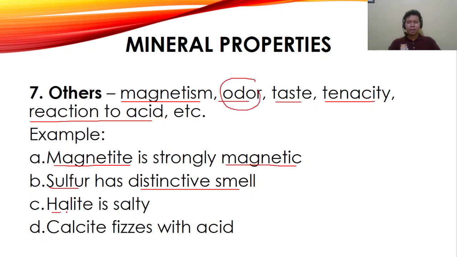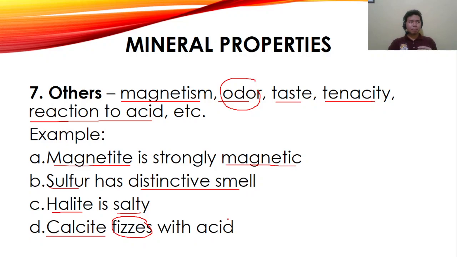Next, we have halite, which is salty, like table salt. And the last one, we have calcite. It fizzes with acid, meaning there is a fizzing sound. It reacts to an acidic solution.